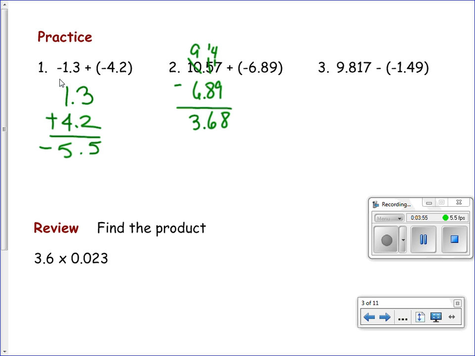So I'm going to go back, and I'm going to check my work, and I'm going to make sure I have the correct sign in the answer. Then I'm going to move on to number 3. I'm subtracting, so I'm going to add the opposite.